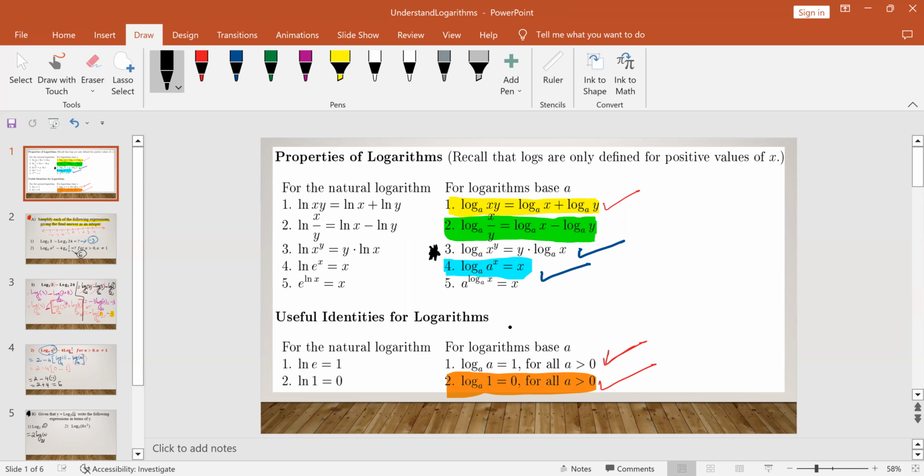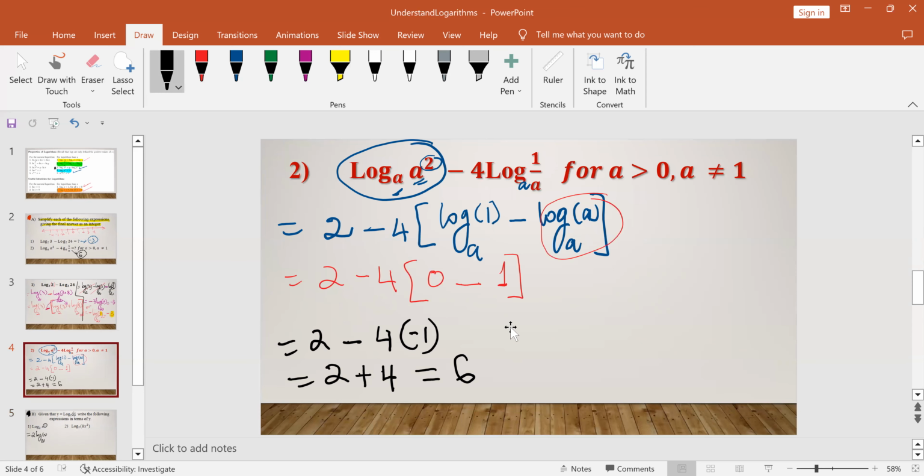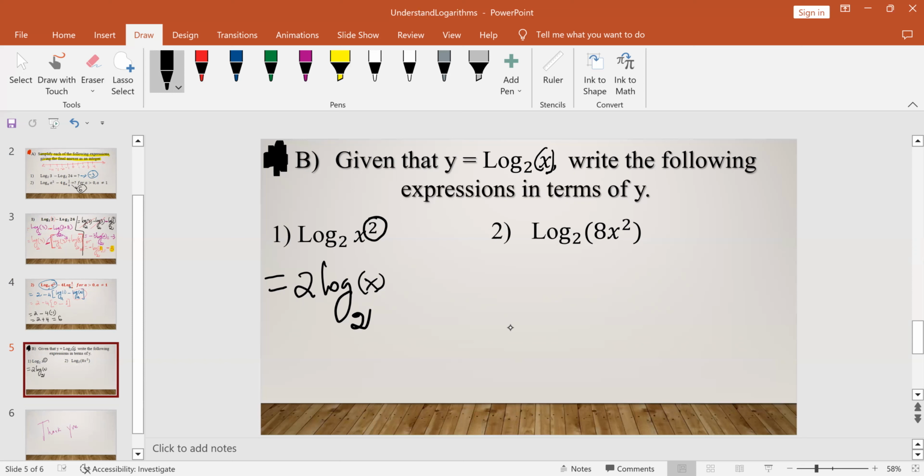So we use that property, and remember that log of x with base 2 is y. Therefore, the first question has the answer 2 multiplied by y, which is 2y.